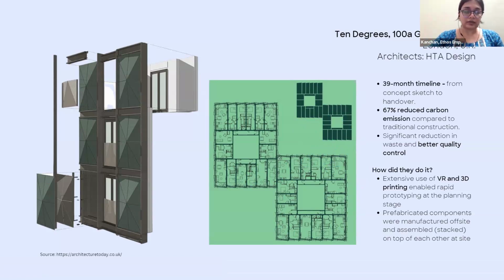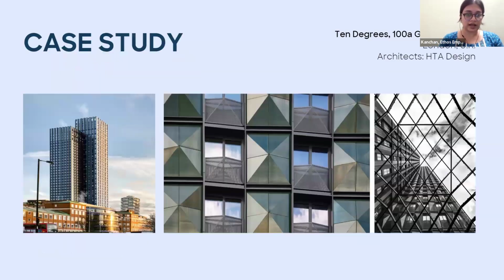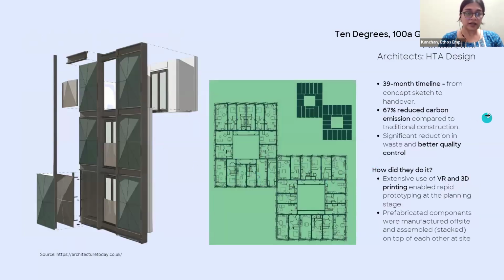So what are the benefits of doing such a project by prefabricating components and industrializing the construction process? The first and foremost is the time duration decreases by a lot. From the concept sketch to the handover of the building, you can see how tall this building is, the timeline reduced to 39 months.